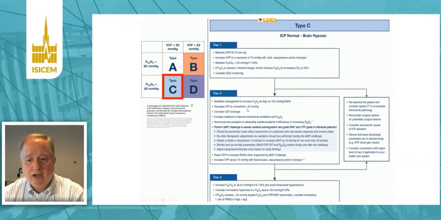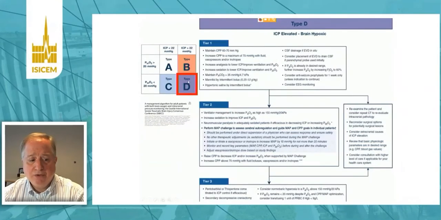We might lower our threshold, treat ICP a little bit lower, CSF drainage, increase sedation that may help brain tissue oxygen as well, neuromuscular paralysis, maybe raise CPP and see if the brain tissue oxygen improves, maybe use a higher CPP goal with fluids or vasopressors or inotropes. And in some cases, we might actually allow hypercapnia as long as the intracranial pressure is controlled. And you can see here some other options.